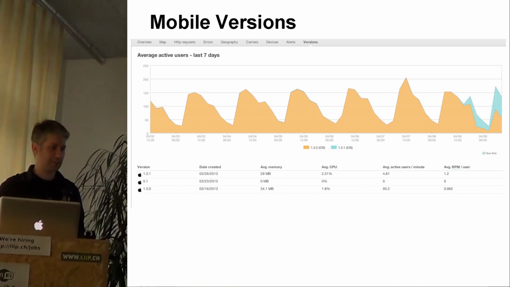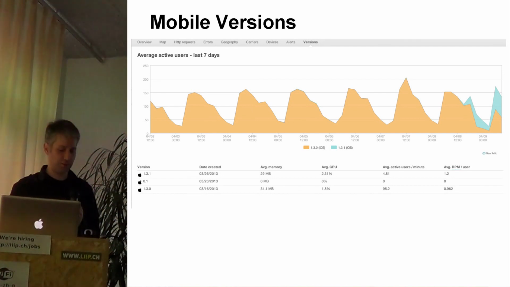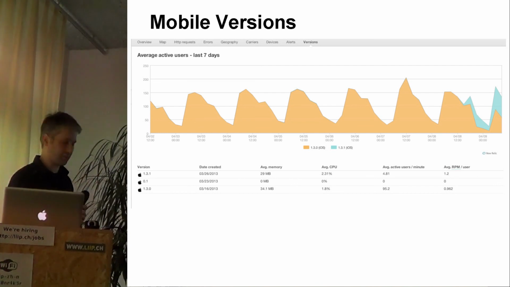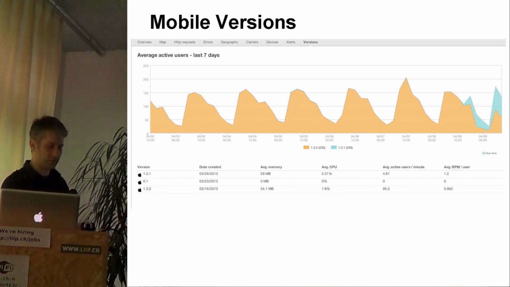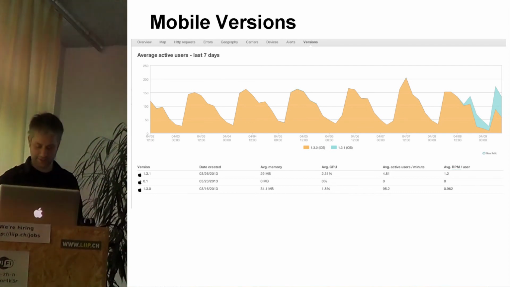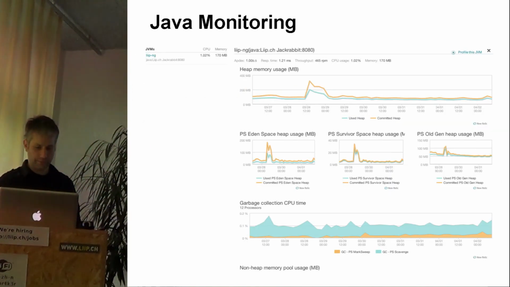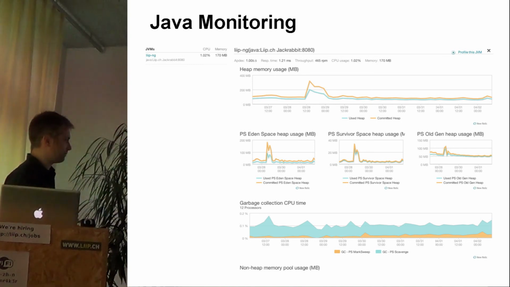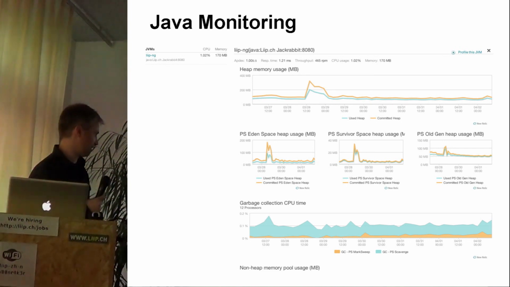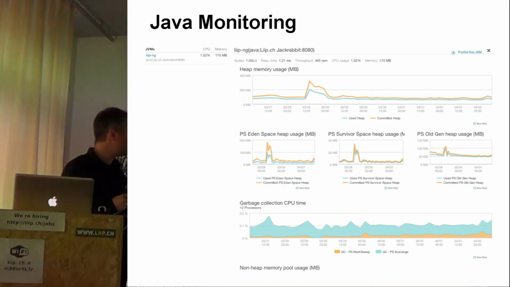What you can't, unfortunately, see is what iOS version they use, which would be interesting for targeting your compiling. That's also available for Android, not the radios, but New Relic. Then you can also monitor your Java applications, with information like heap memory usage and garbage collection time.